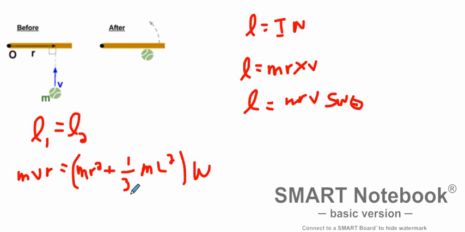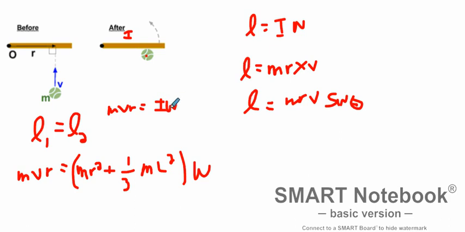So where did I get this magic from? Well, there's a moment of inertia I for this beam here, this rod. If you look at the equation, that's going to be 1/3 ml squared, the length of it. And the ball here, that's a point mass rotating around somebody else, so that's why it's mr squared. Essentially, L1 equals L2. In this case, we're using mvr, and then the second half of this is we're setting equal to I omega.